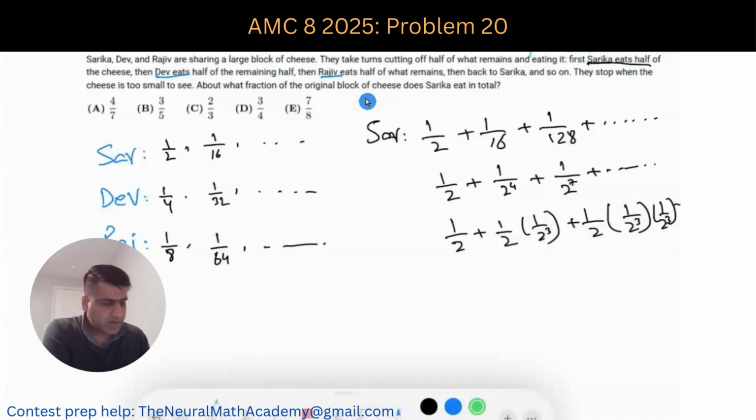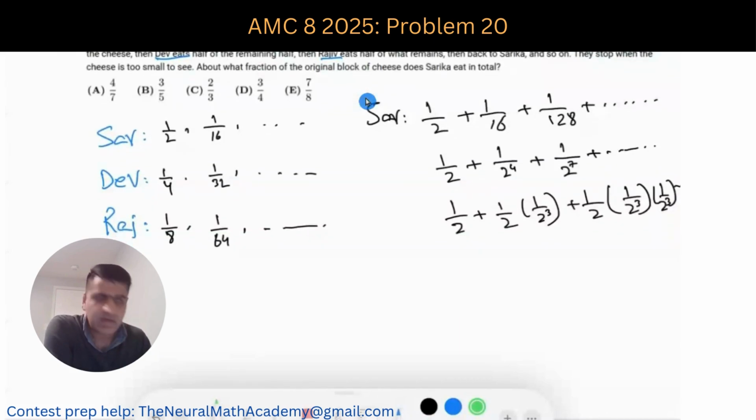So now from here I can see that this is a geometric series problem. As we know, there are two types of series: one is the arithmetic series and the other one is the geometric. So this is the geometric, where we have the common ratio, and when we want to find the sum of a geometric series, the sum is equal to a over 1 minus r.